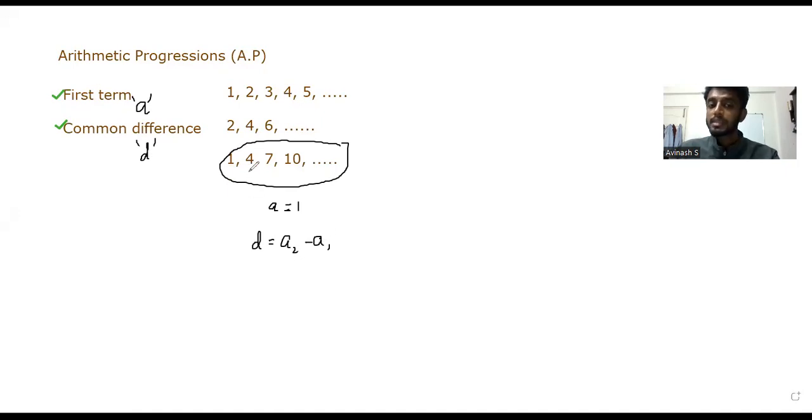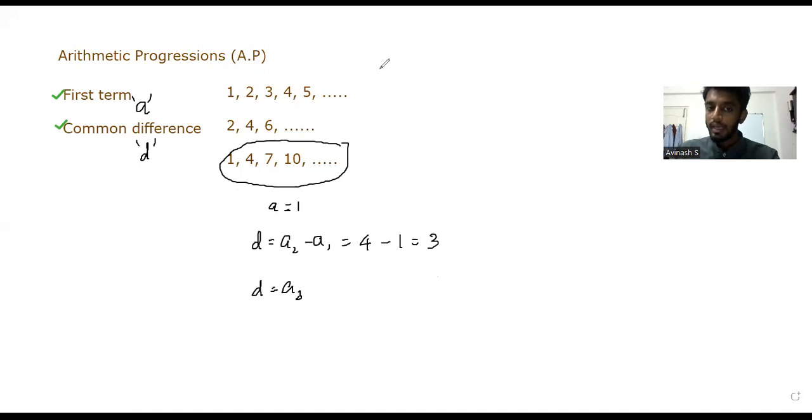Here a2 represents the second term and a1 represents the first term. The second term is 4 and the first term is 1, so you get 3. Again, for the next two, a3 minus a2. a3 represents the third term and a2 represents the second term. So this will be 7 minus 4, which is 3.